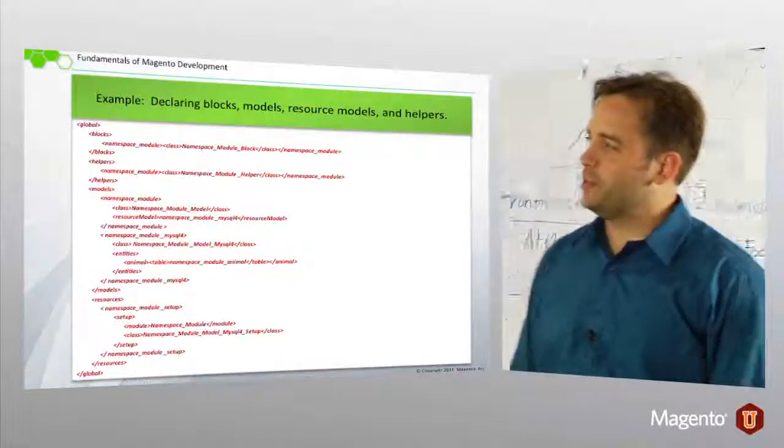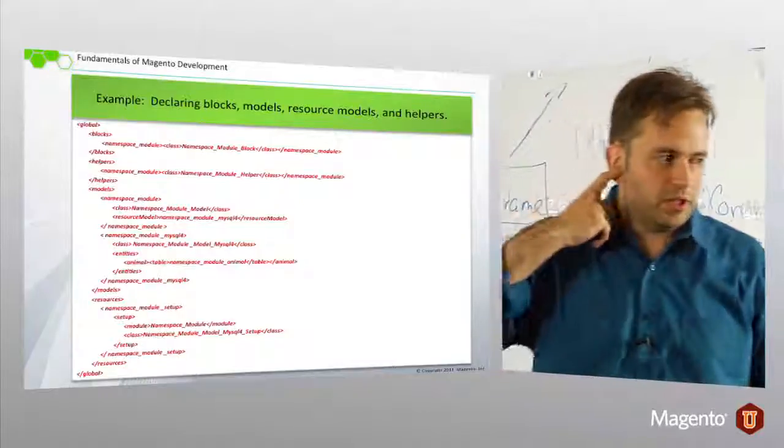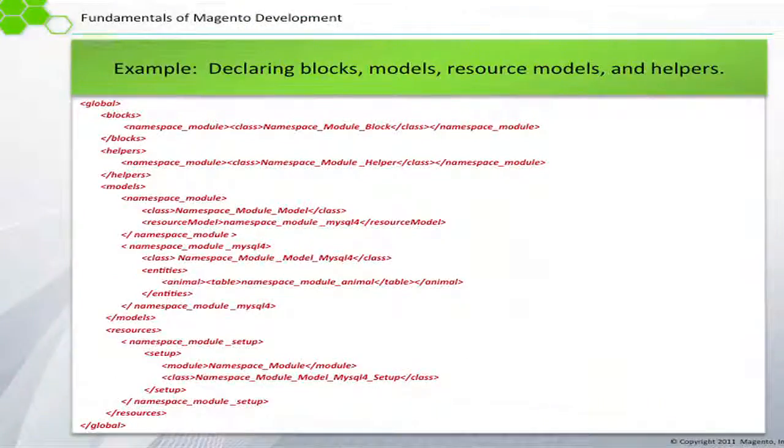Yeah, this one may be a little bit hard to read up here, but should be legible in your book. We put this all in one slide just to show you once again the pattern that exists. You have global blocks, helpers, models, and inside there, directly under blocks, directly under helpers, directly under models is where you declare your class group.